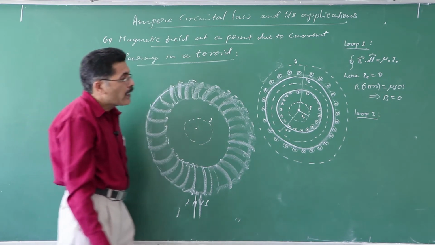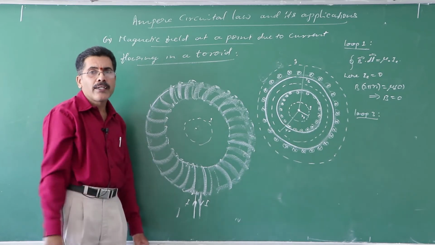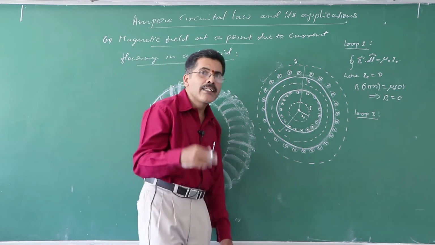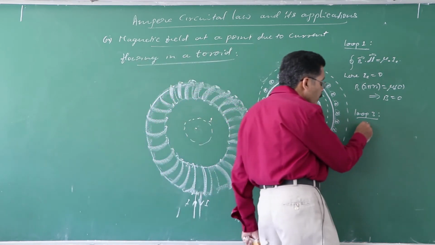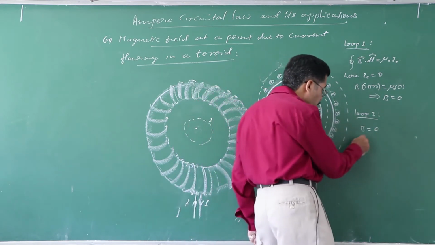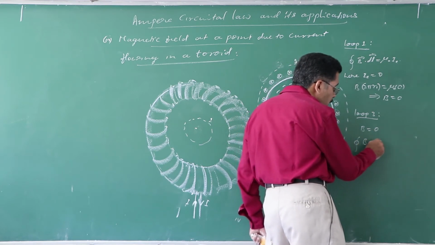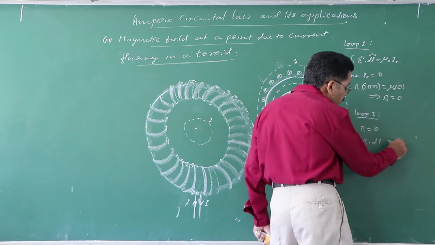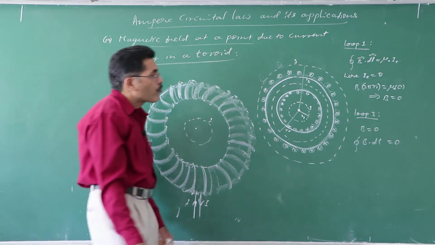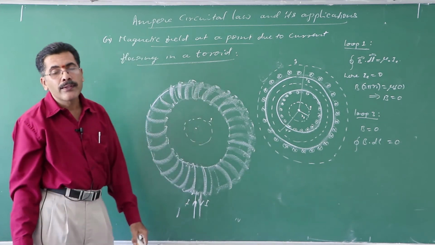As I told you in the last class, current entering and current leaving produce magnetic fields in opposite directions such that the net field becomes 0. Therefore B dot dl is equal to 0, because it is external to the toroid.